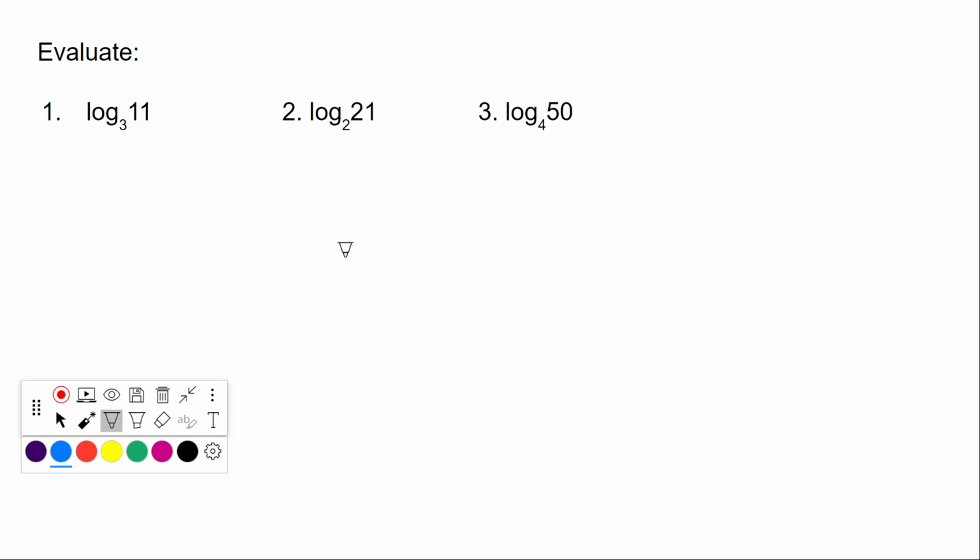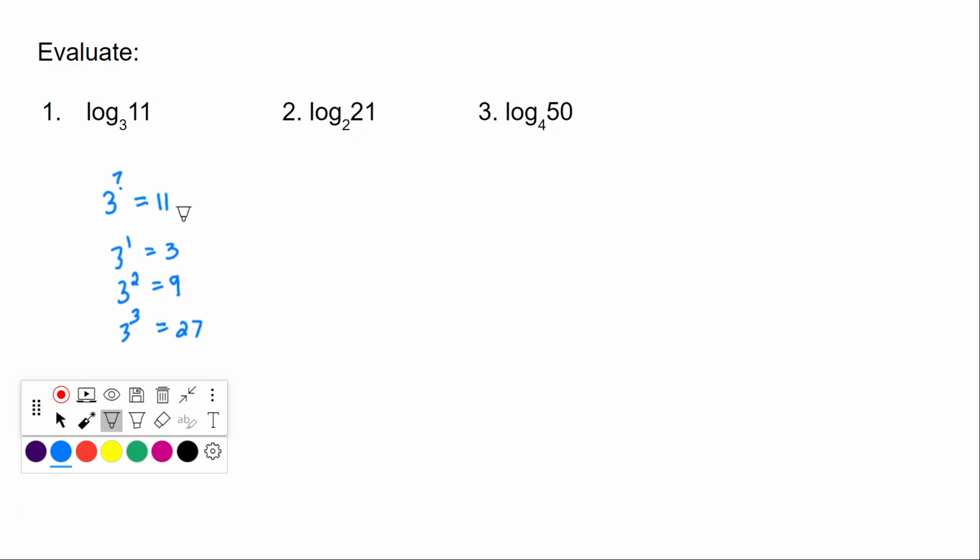And here, if we think about the base and the argument, I don't have a power of 3 that equals 11. What I do know is that 3 to the first is 3, 3 to the second is 9, 3 to the third is 27.